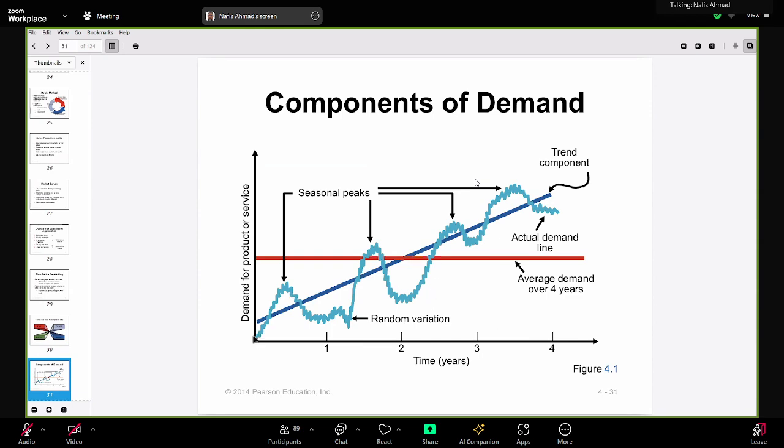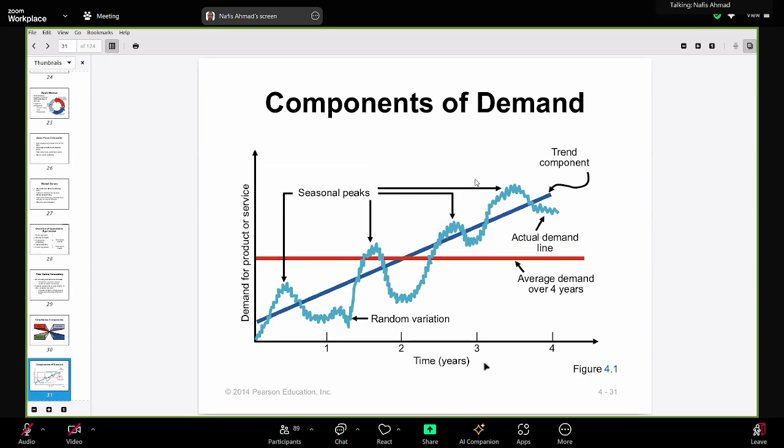Say this line is the actual demand of a product. Based on the historical information, these curves are generated, or created.